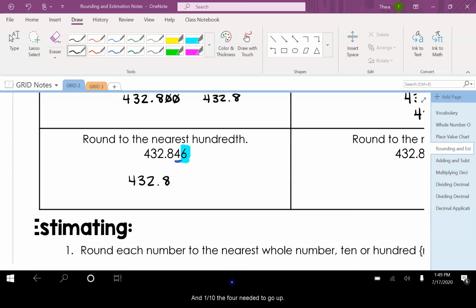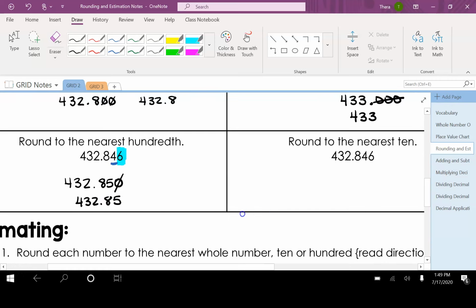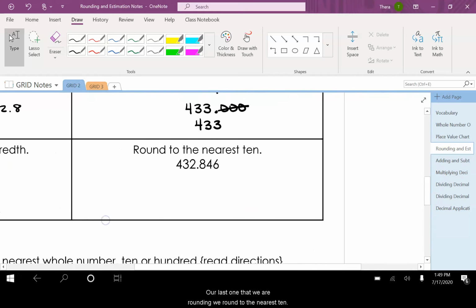The 4 needed to go up. So 5 hundredths, and that 6 becomes a 0. Now remember, since that 0 is at the end and it is after the decimal, we can eliminate. So we have 432 and 85 hundredths.